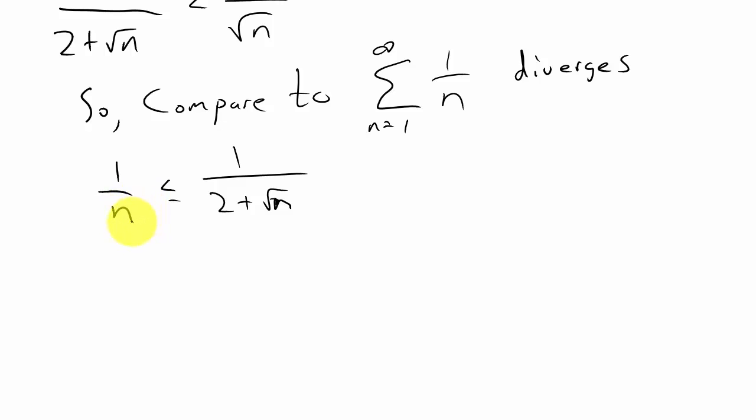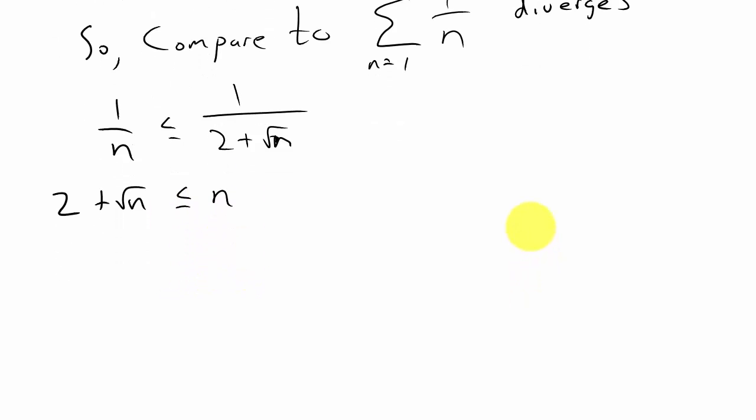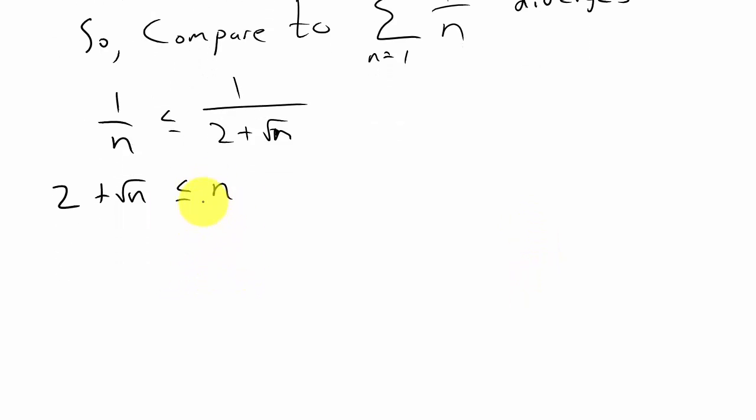Well, that would mean that this denominator would have to be larger than this denominator. So we would have 2 plus the square root of n is less than or equal to n. If we can solve this inequality and see for what values of n that holds true, if it does hold true. Okay, all right, so let's solve this.